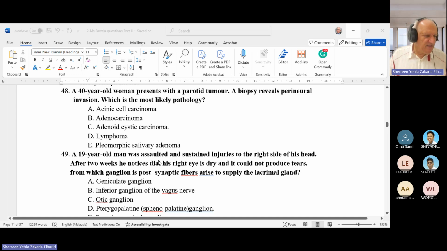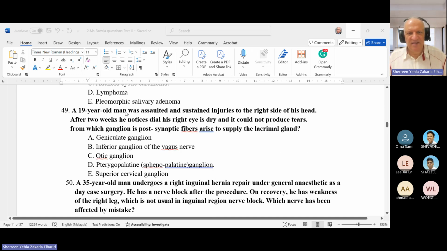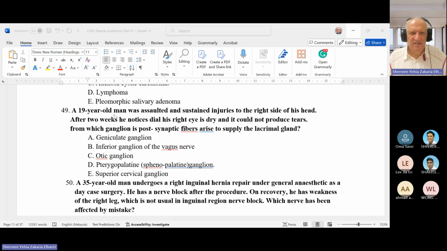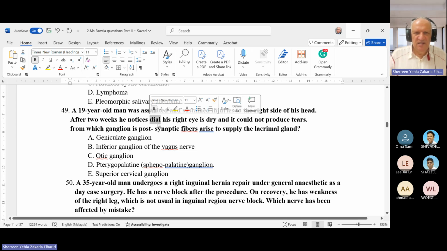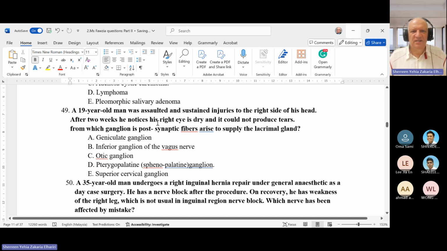Next question 49: a 19 years old man was assaulted and sustained an injury on the right side of his head. After 2 weeks, he noticed that his right eye is dry and couldn't produce tears. From which ganglion does the post-synaptic fiber arise to supply the lacrimal gland?